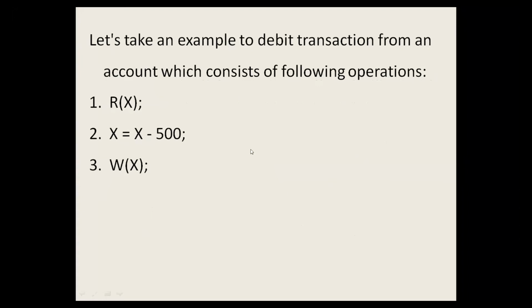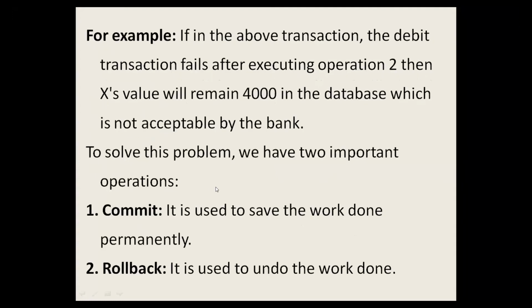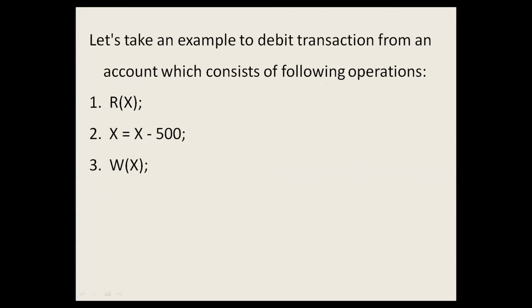So suppose we take the same example of your debit transaction. You read X, and you say X is equal to X minus 500, and then you write the value of X. First, you read the account of X, and after that you reduce 500 from the value of X, and then you say write of X. Now suppose, imagine that after my step 2, my transaction fails.